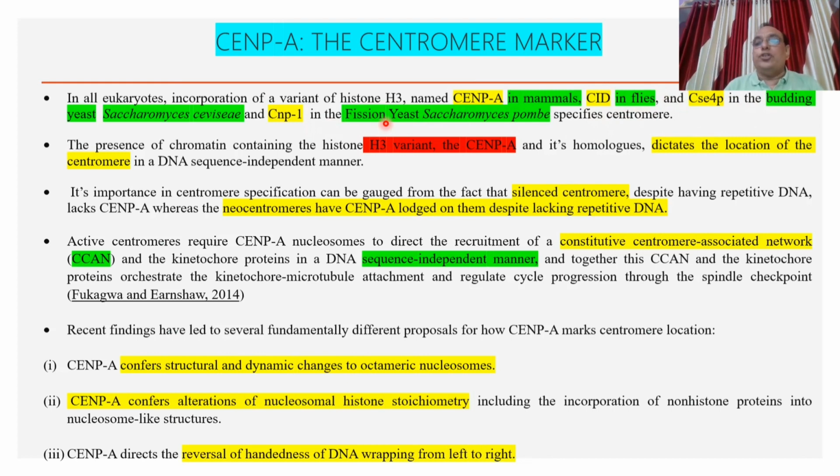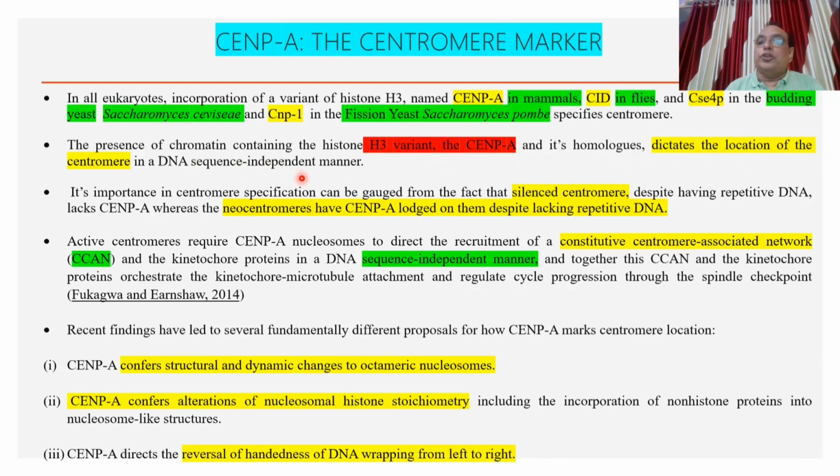CEN-H3, that is CENP-A or CID or CSE4, is centromeric histone 3, whereas canonical histone 3 is the normal, usual histone 3 found in the nucleosomes of the chromosome elsewhere, other than the centromere. So you see here that there is canonical H3 elsewhere, but at the centromere there is a variant of histone 3, called CENP-A, and its homologues dictate the location of the centromere in a DNA-independent fashion.